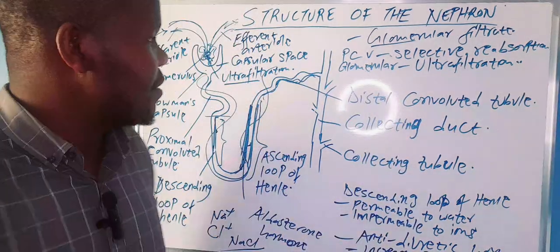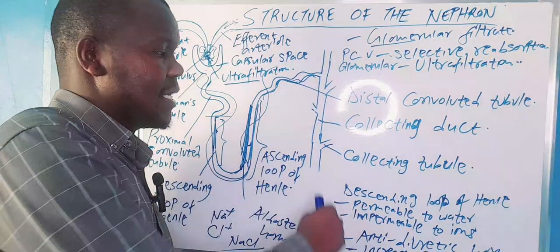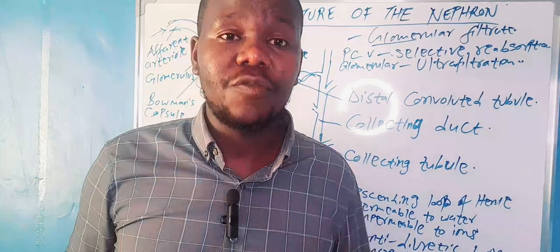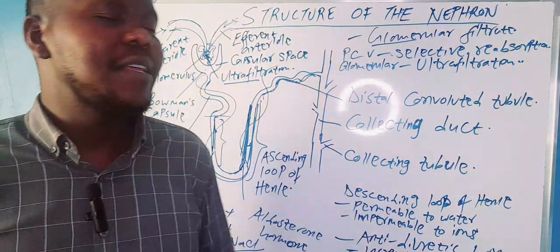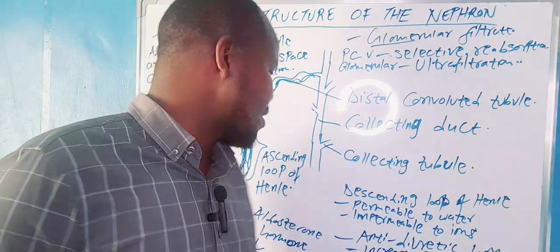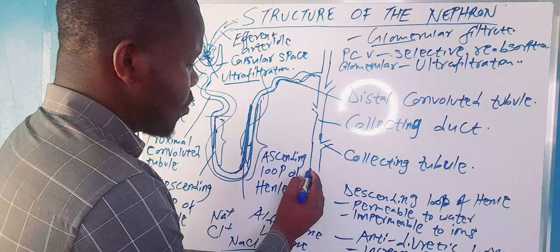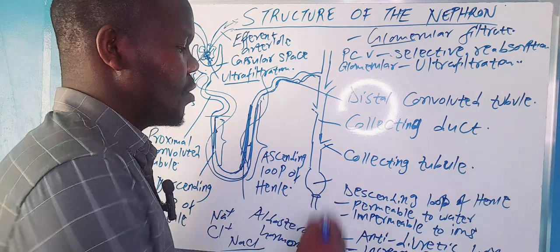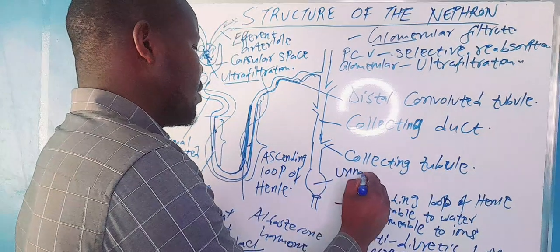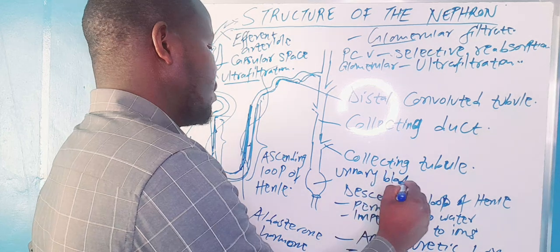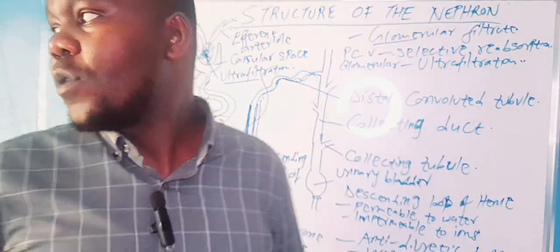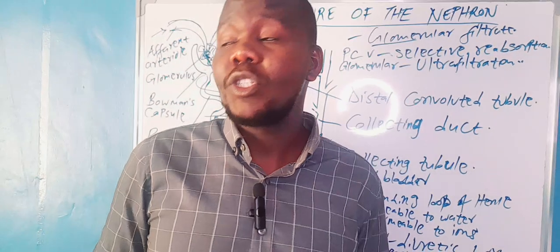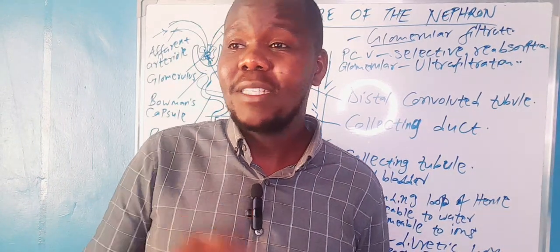The remaining glomerular filtrate will flow down to the collecting duct, and at the collecting tubule and collecting duct, there will be more reabsorption of water by osmosis. Then the remaining filtrate will flow to the urinary bladder, where it will be stored temporarily.